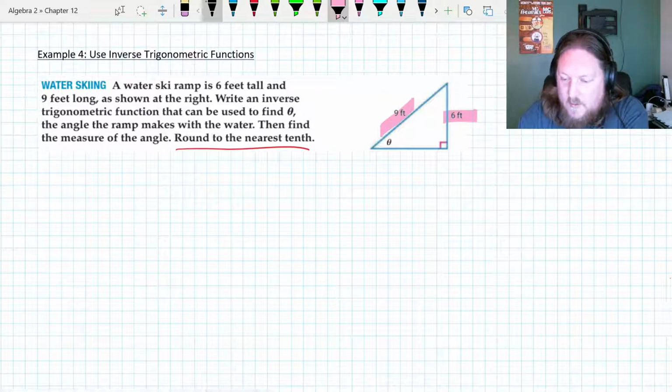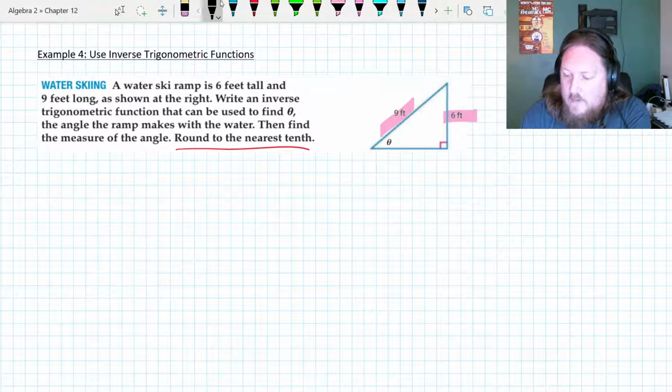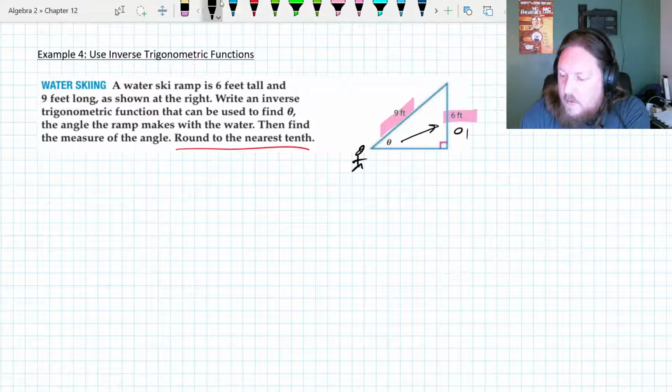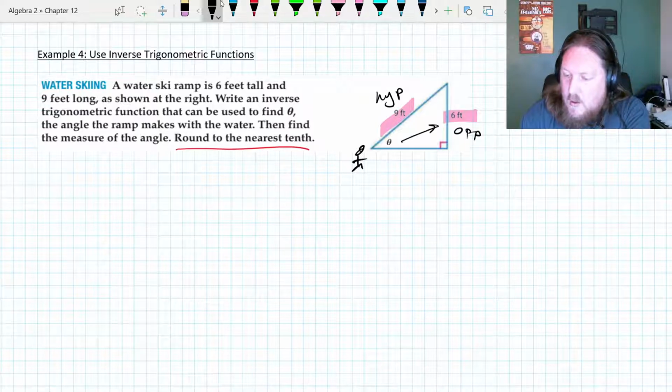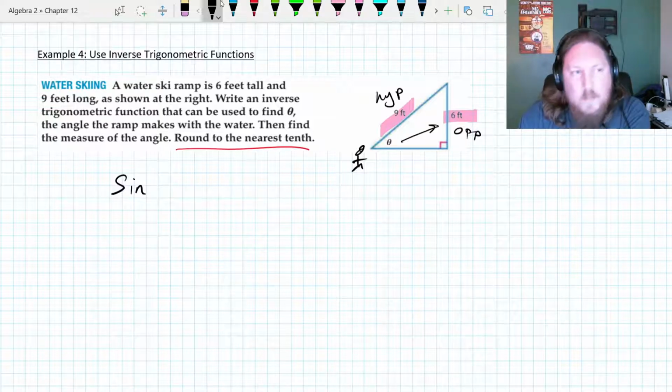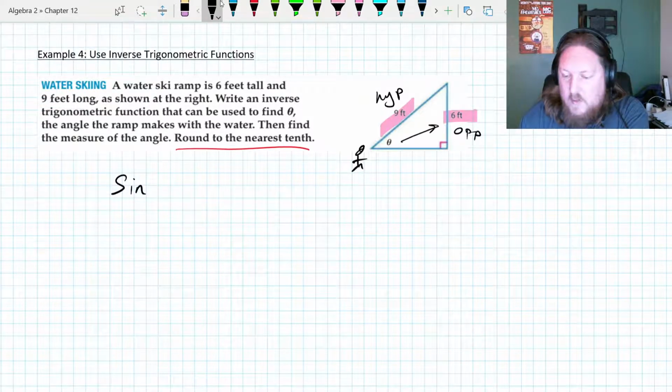So first thing we got to do is find the inverse. And if I'm standing at this angle over here, swimming in the water in front of the ramp, probably a dangerous place to be, I see I have the opposite side and I have the hypotenuse. Opposite and hypotenuse is sine, so we should use capital sine, because I want it to be in the principal value range.